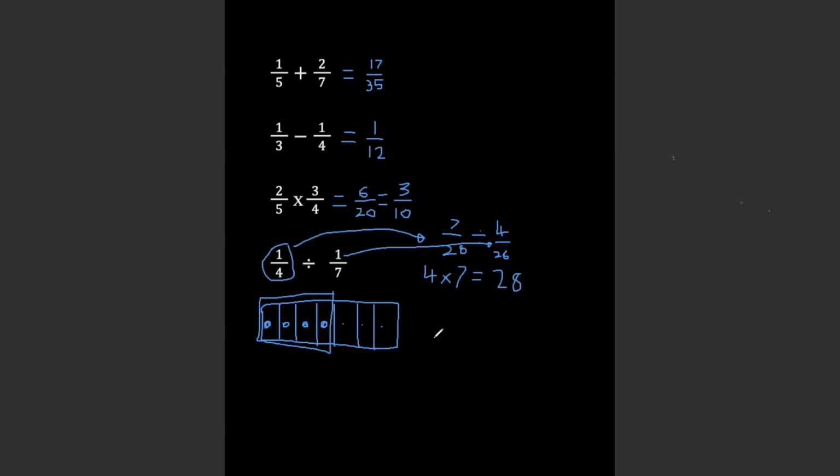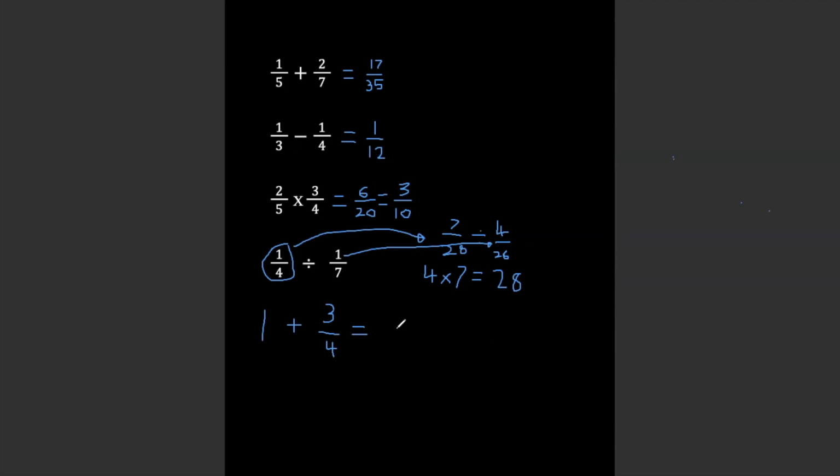So the answer is equal to 1 plus this area over here. So if we were to imagine that this is 4/28, well, then we just take 3 out of here. That's 3/4 of the remaining section. So 1 and 3/4.